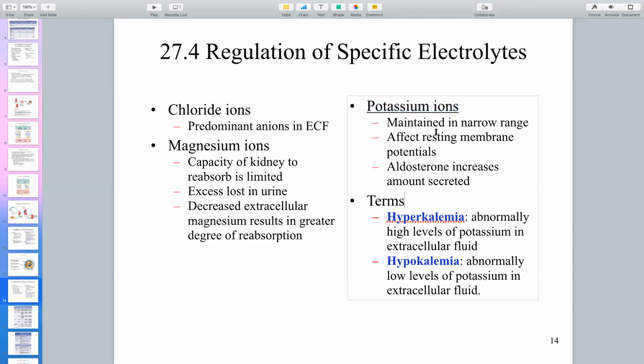Right. So know this: potassium maintains a narrow range and affects resting membrane potentials. Obviously, we talked about how your neurons and your heart are going to contract when there's low and high potassium. So we kind of mentioned it before. When you have high potassium, your neurons are more likely to fire.